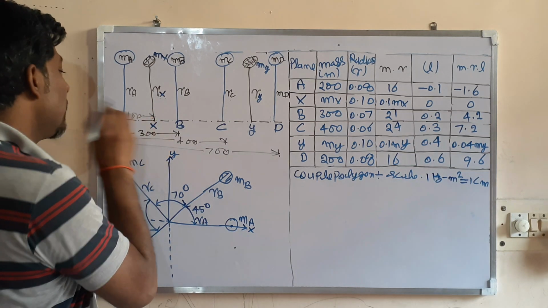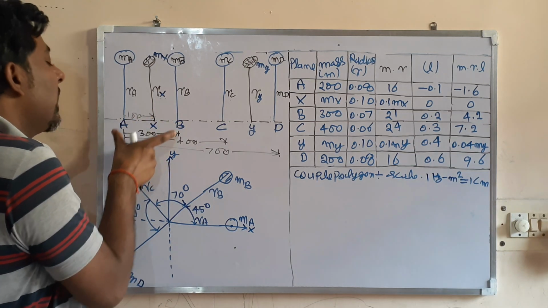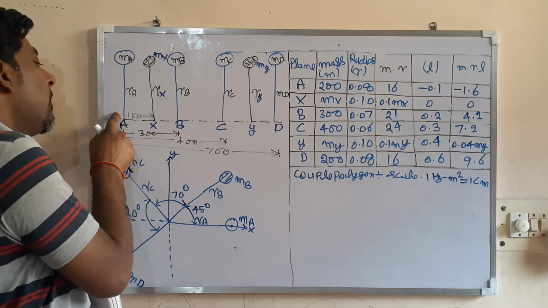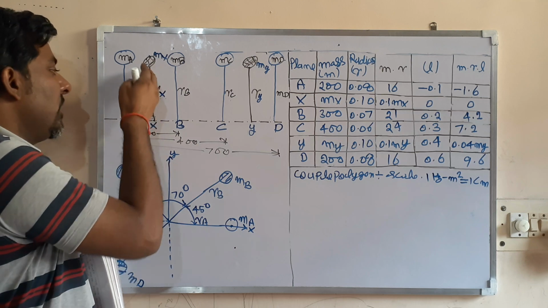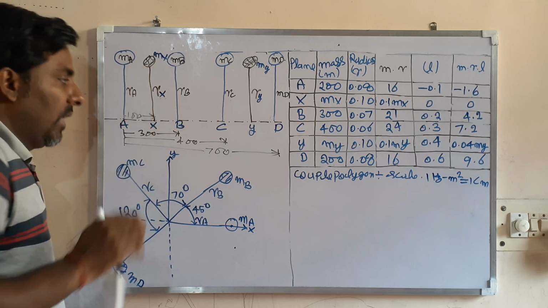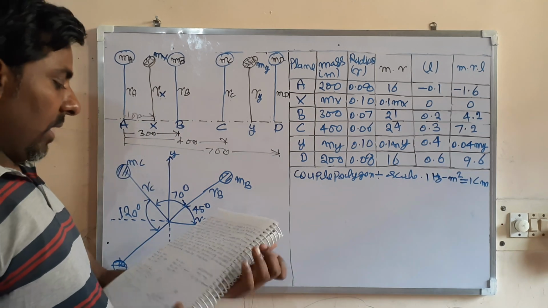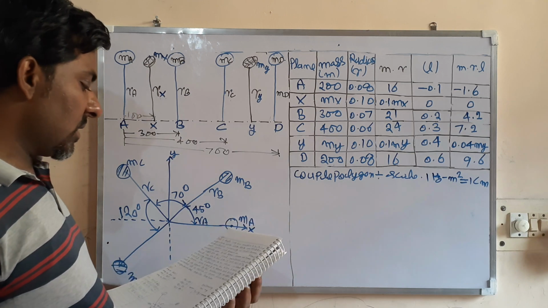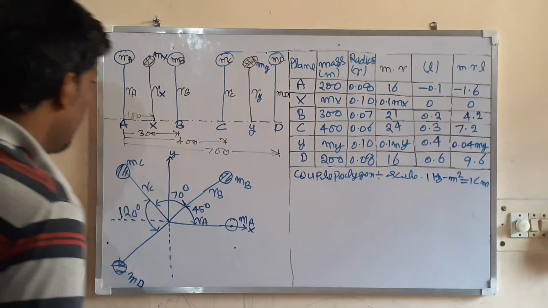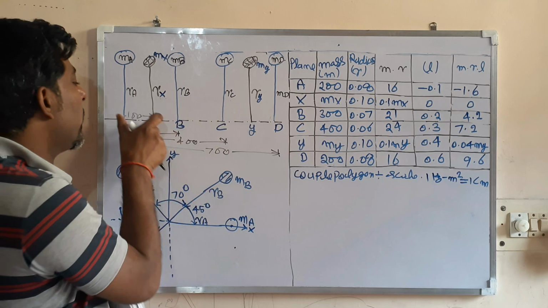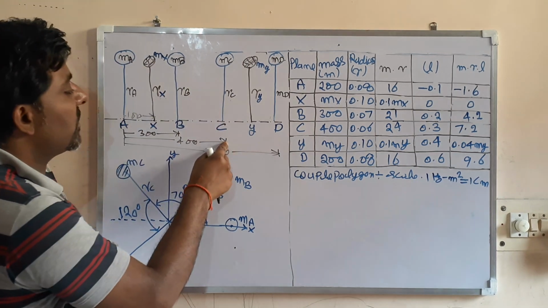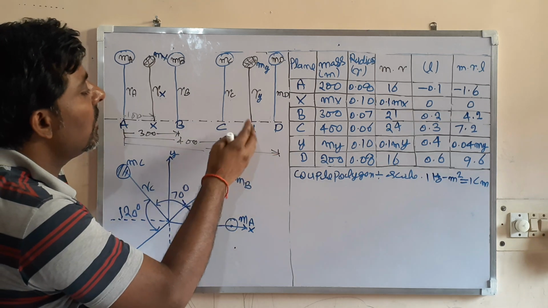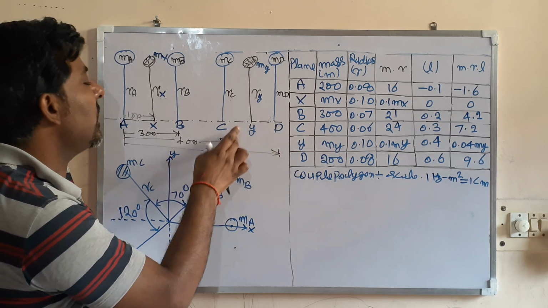This means X is between A and B, because B is at 300 mm. Between X and Y is 400 mm, so 100 plus 400 is 500, and D is at 700, so Y will be between C and D.